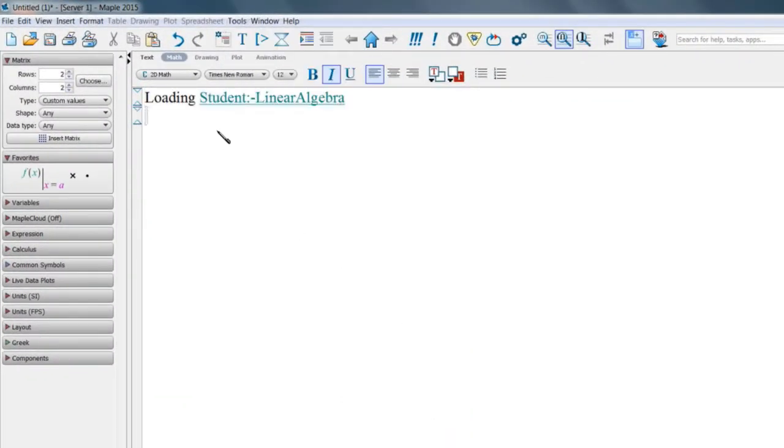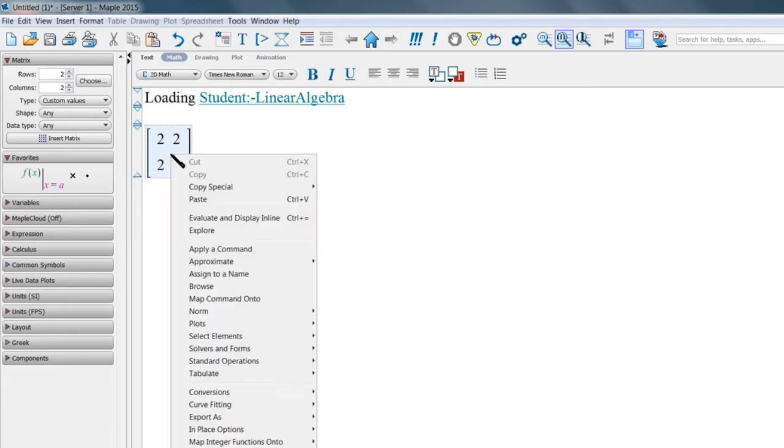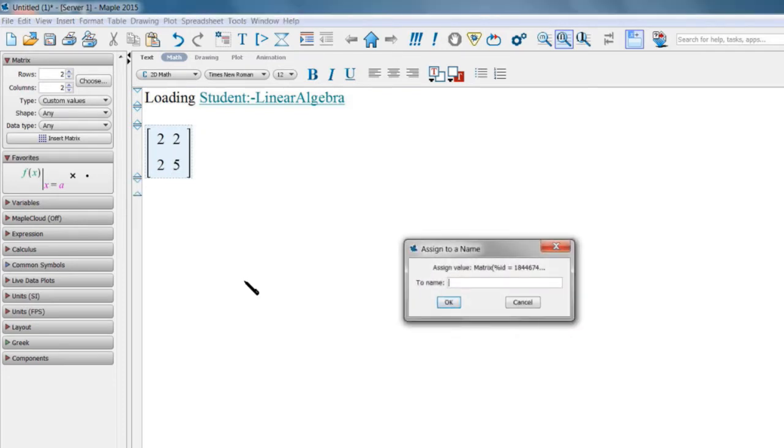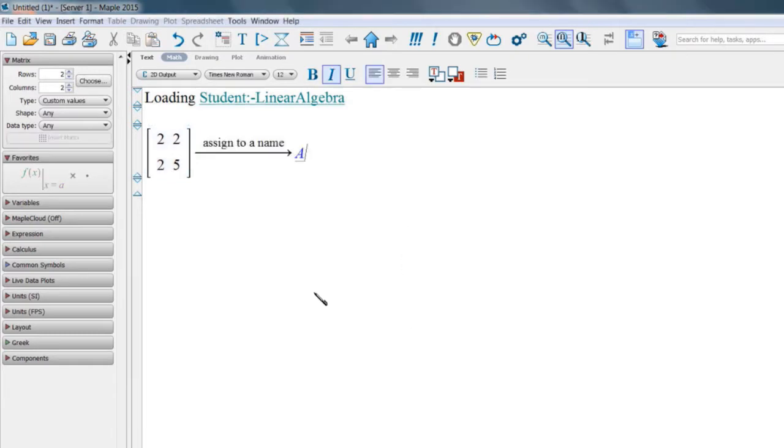I picked the Student package because it's much more forgiving on things being real, and we'll stick to that for today. Okay, I need a matrix, so I'm going to use this matrix palette. I'm going to put in this matrix, using the tab key to move from field to field. And I need to give this a name. It's pretty common to call the matrix A.